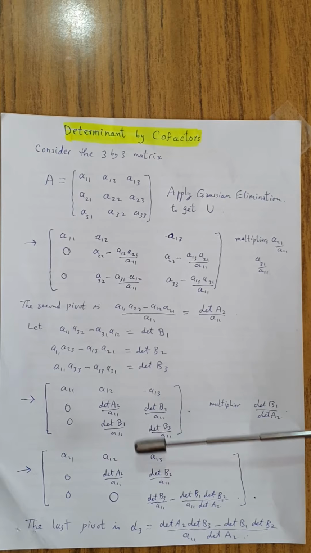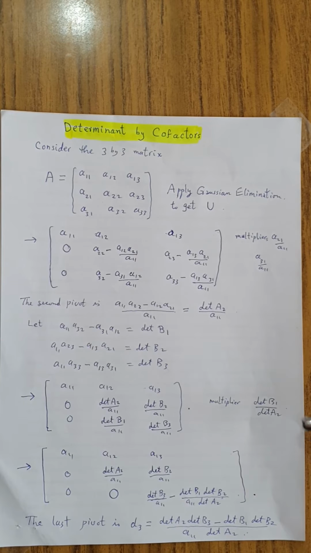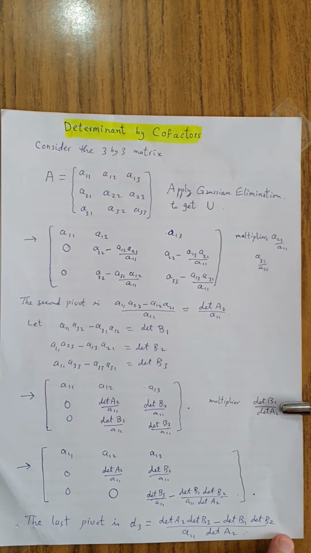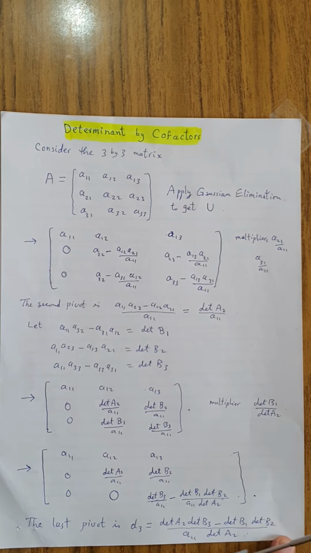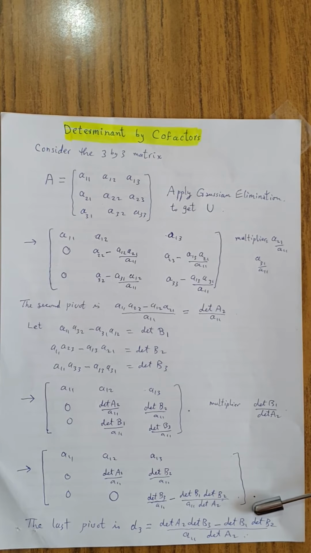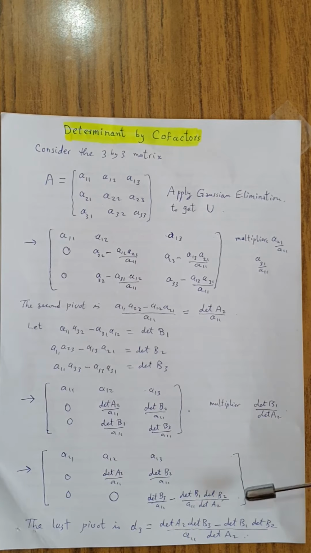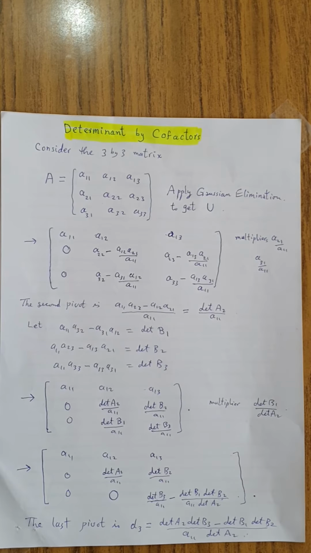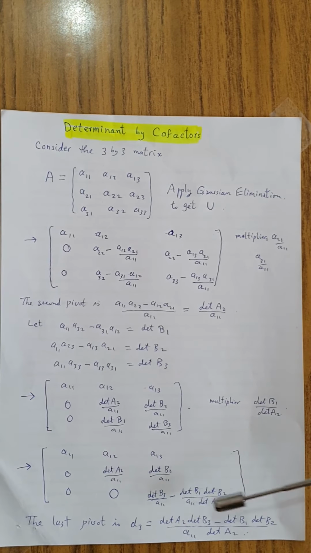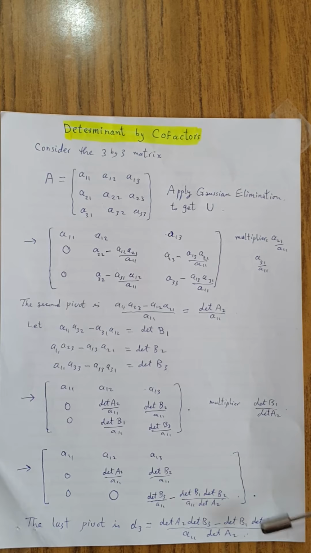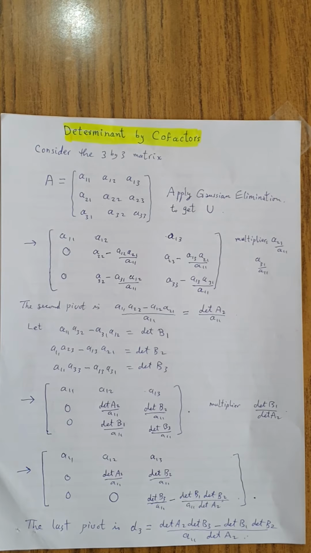So here we eliminate below the second pivot with multiplier determinant B1 over determinant A2, and we come up with U. So the third pivot is here, D3, and if we combine by taking the common denominator, A11 determinant A2, we have this.